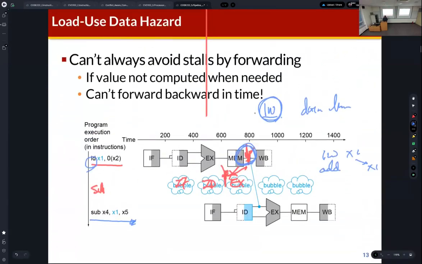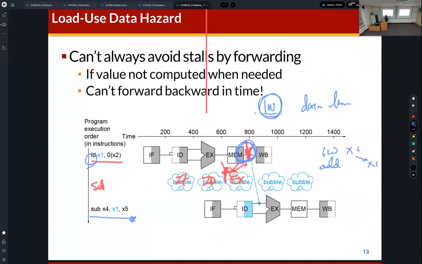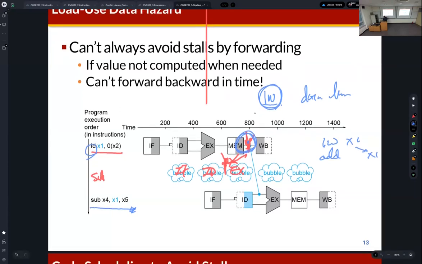But I also mentioned that if the former instruction is a load instruction, then we cannot avoid the data hazard with data forwarding, because the result is generated at the end of the memory stage. The next instruction requires the operand at the start point of the execution stage.